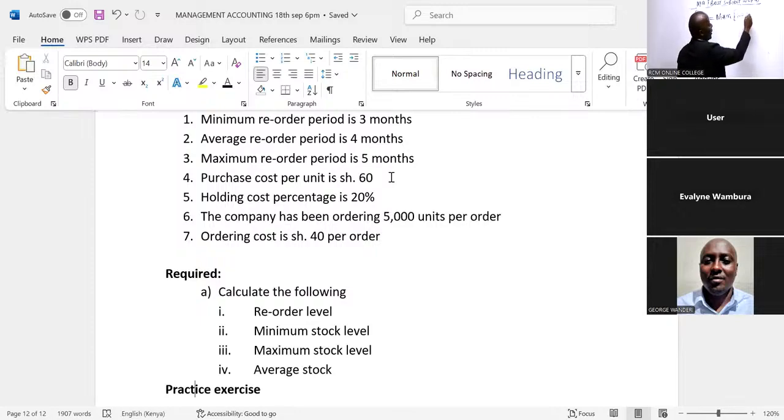Anytime you hear about reorder level, we shall always get it by taking maximum consumption times maximum lead time.